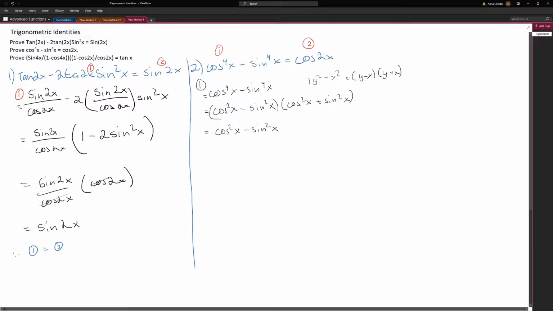We've also known for our second side that cos 2x is equal to cos squared of x minus sine squared of x. So we could actually just write down that this is equal to cos 2x. And again, we could now say that 1 is equal to 2. So we have proven the identity once again.